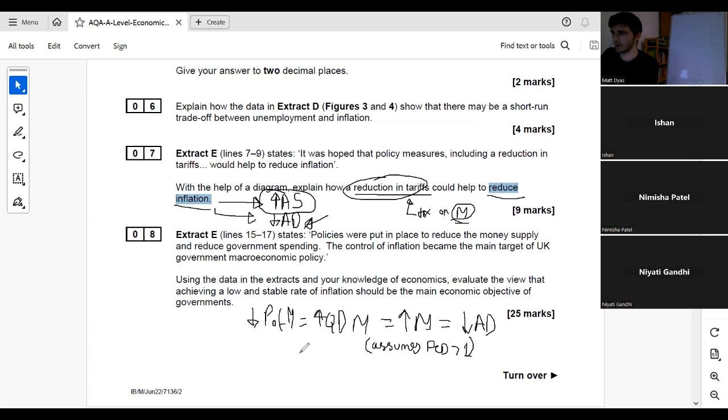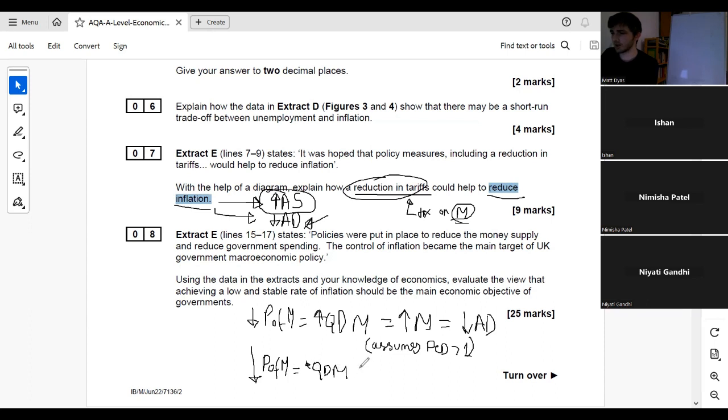But let's imagine the PED is very, very inelastic. Then there might be a very large decrease in price of the imports and a very small response in quantity demanded, which I've just done by the size of the arrows.